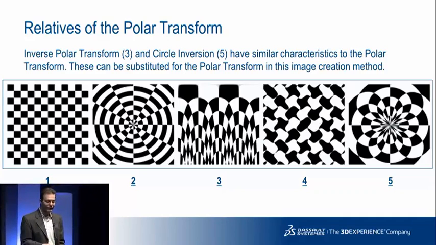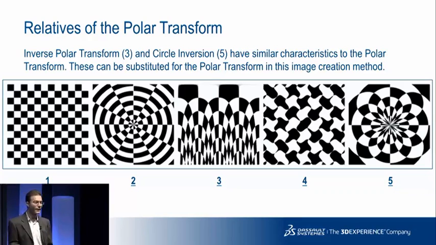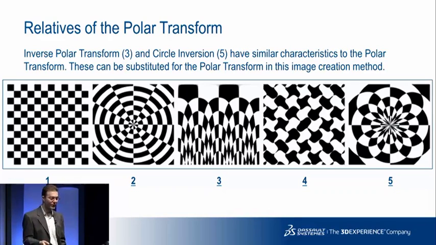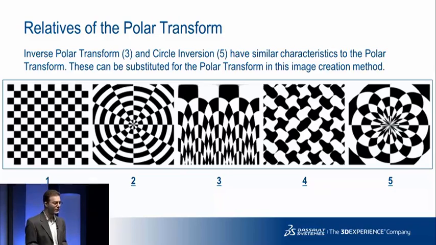And we'll skip number 4 for now, but you can also do what's called a circle inversion to get image number 5, again, directly from image number 1. And it turns out that image number 5 is also the result of executing an inverse polar coordinate transformation, getting to image number 3, flipping the image vertically, and then applying the polar coordinate transformation. So undoing the polar coordinate transform, having flipped the image in between, you end up with image number 5.